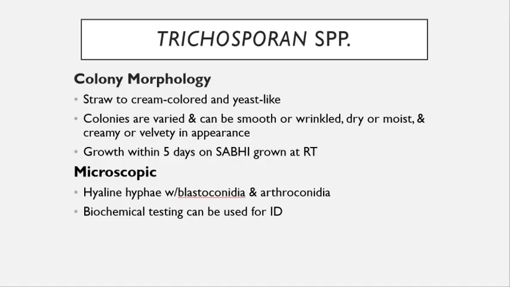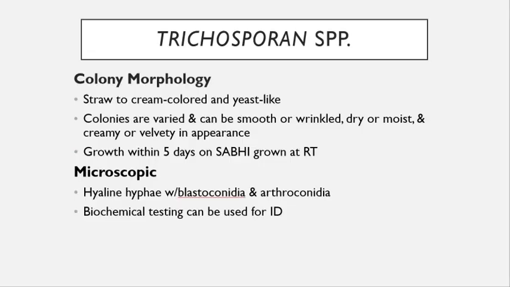For colony morphology for Trichosporon, the color is straw to cream and yeast-like. The colonies are varied and can be smooth, wrinkled, dry, or moist, creamy or velvety in appearance. Growth usually happens within 5 days on SAB and heart infusion, and they can grow at room temperature.